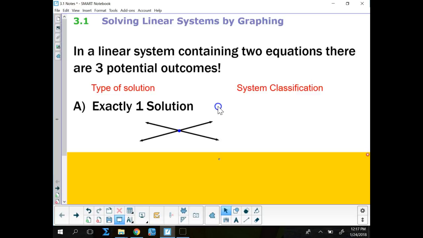Okay. We classify that system. That's the funky wording for this chapter. The system's classification then is it is consistent. Whoa, tap the brakes.